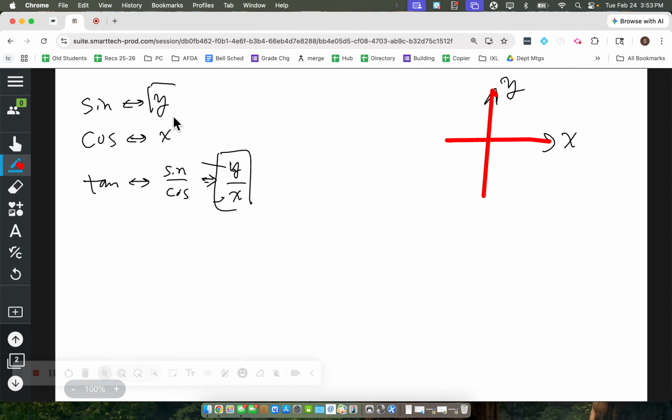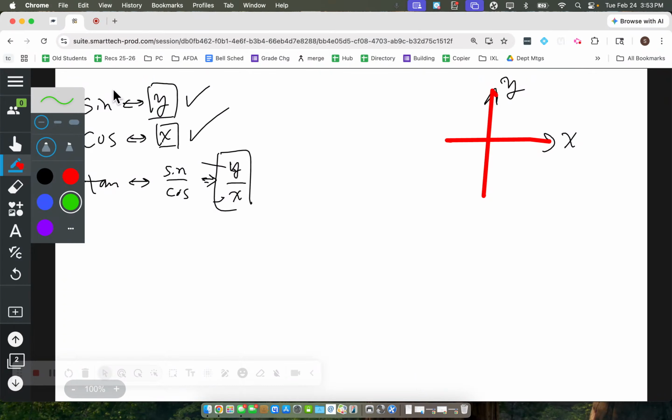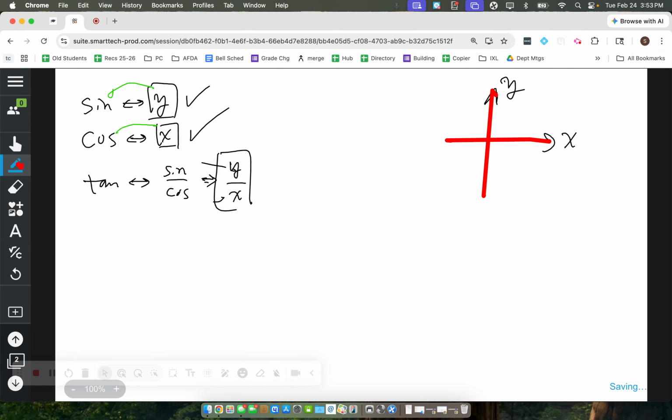Just the way sine is defined as the y value, cos is the x value. You'll see that later, but for now, just accept that everything is going to be defined in the coordinate plane in terms of y and x. And y is related to sine, and x is related to cosine.